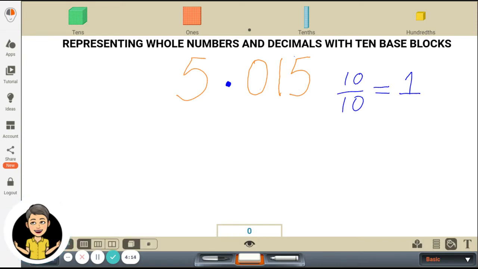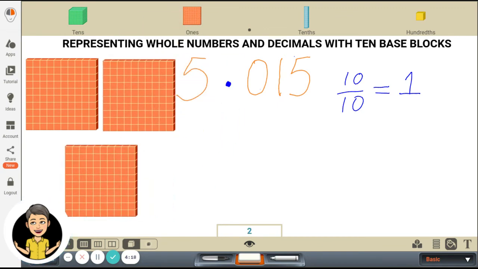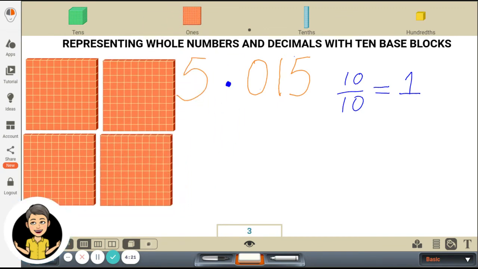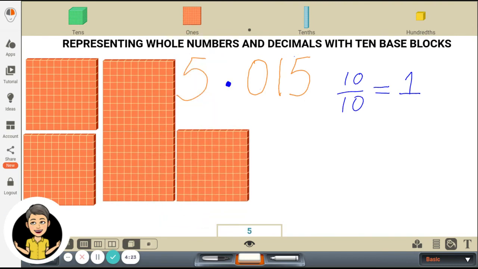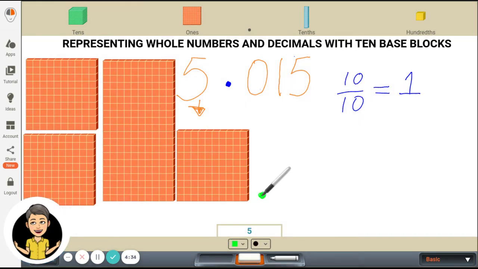We need 5 wholes. 1, 2, 3, 4, 5. These are the 5 wholes. Then we draw the decimal point. We don't have any tens, but we have 1 hundredth, and we have 5 thousandths.